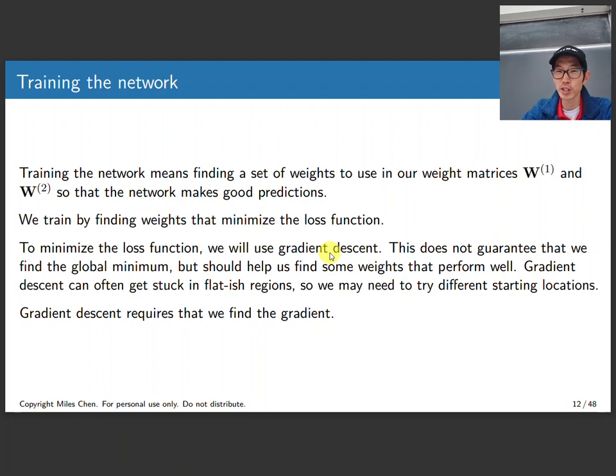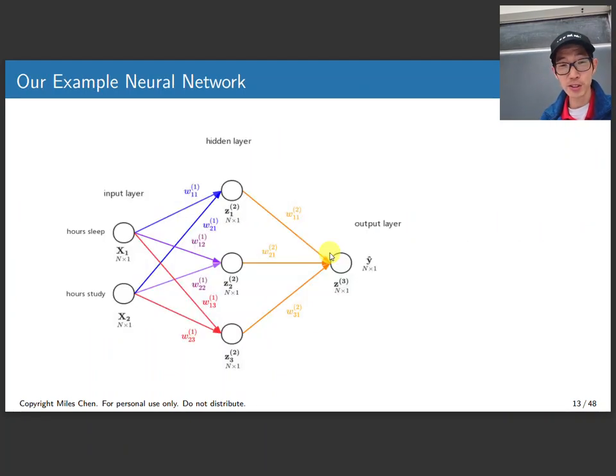There's all kinds of potential problems. However, in a lot of cases, gradient descent does work, and it works pretty well. But again, there are no guarantees that this is the right way to solve it. Okay, so as one might expect, in order to do gradient descent, we have to figure out the gradient. So here is our network diagram again.